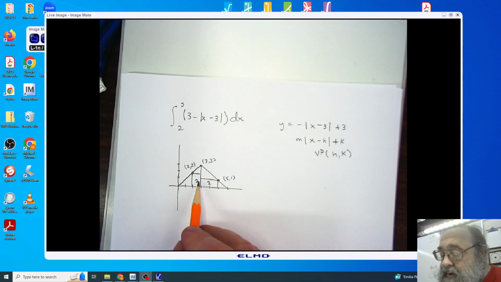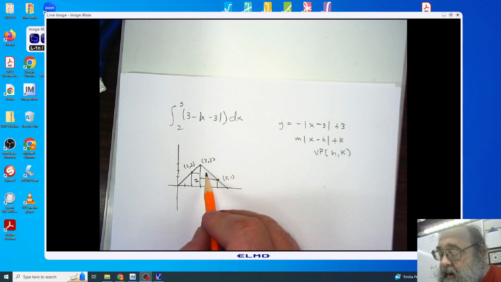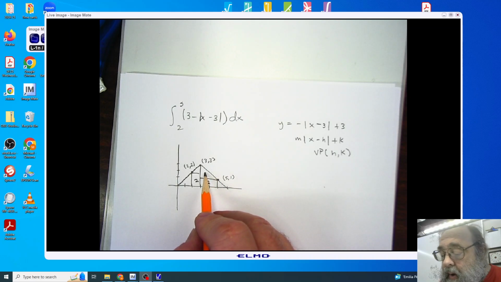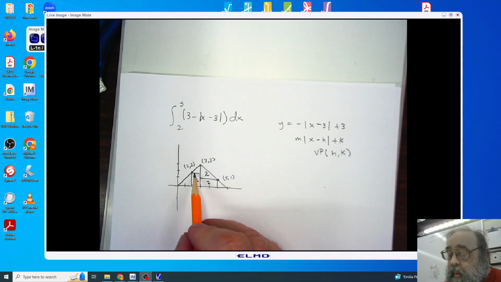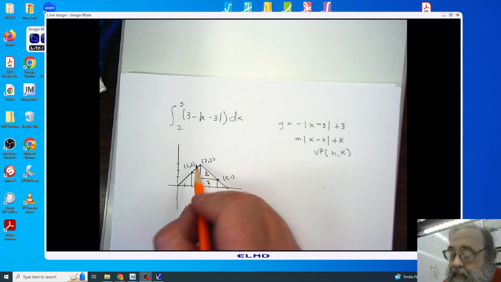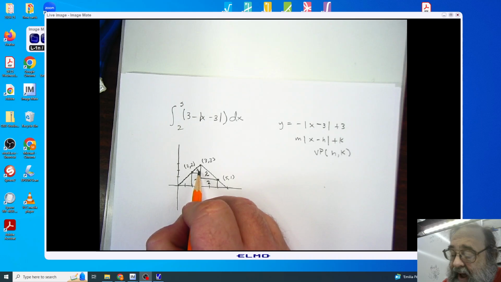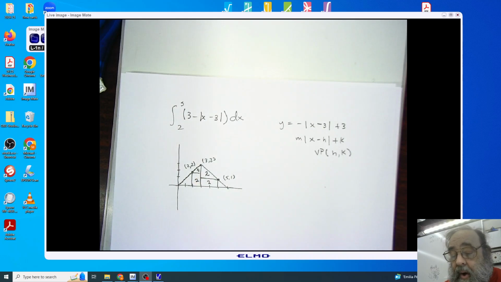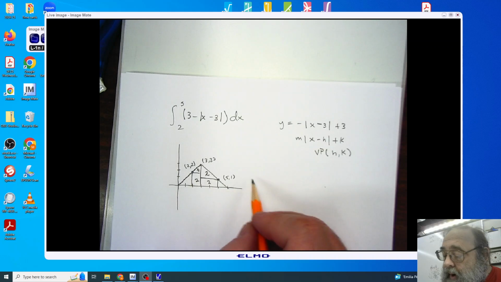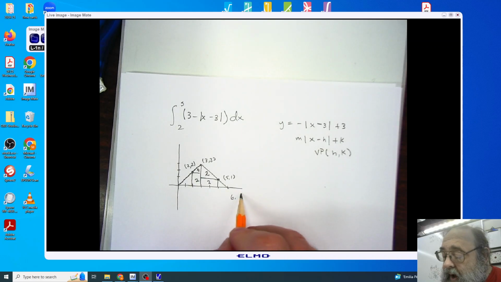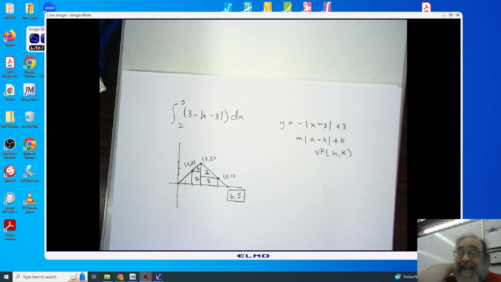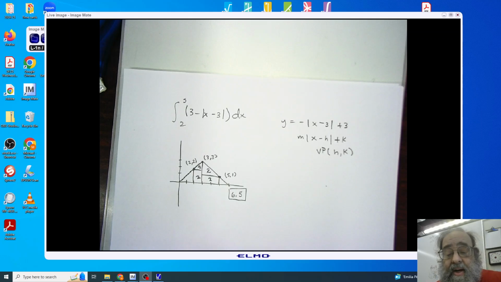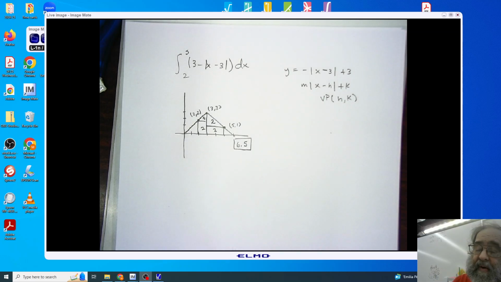This triangle is 2 times 2 divided by 2, and that also gives me an area of 2 using 1/2 base times height. This is 1 times 1 divided by 2, and therefore this is a half. We're now going to add it all together, and we will end up with 6.5.